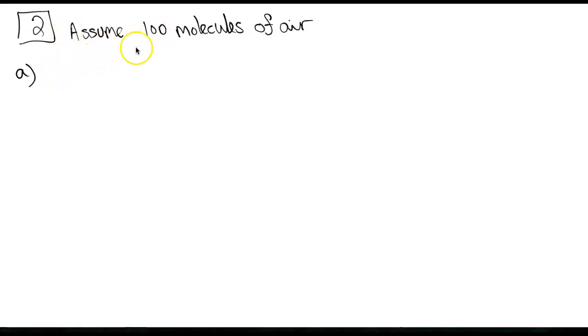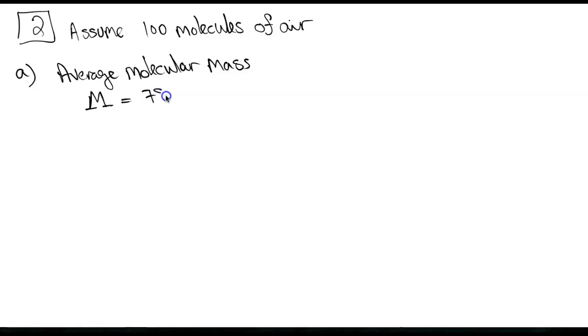So if we assume 100 molecules, then the average molecular mass for air, we can write that as capital M, is going to be the 78% times the mass of nitrogen plus the 21% mass of oxygen plus 1% mass of the argon.